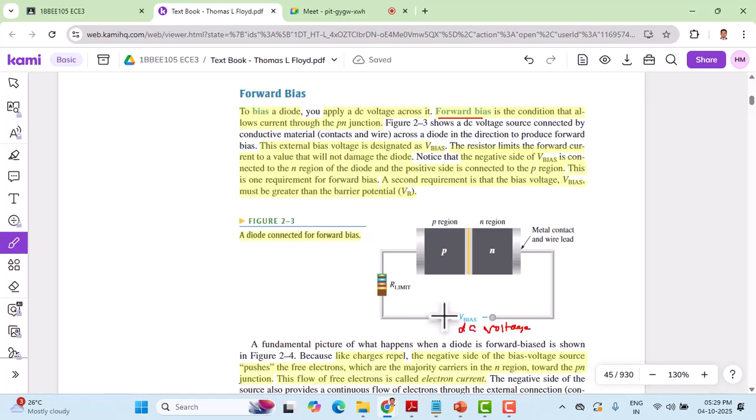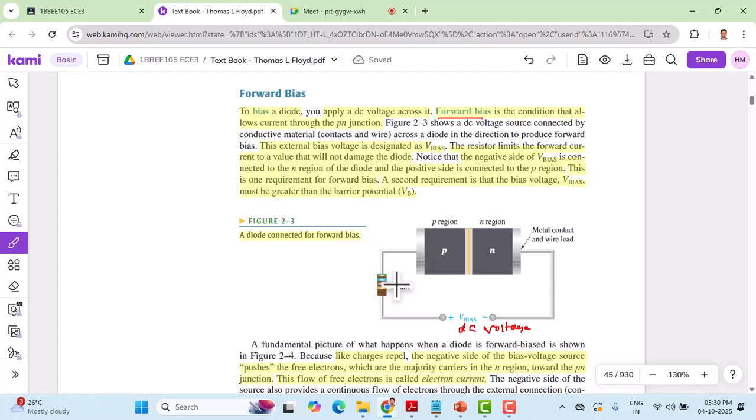It is connected with polarities, positive and negative. The DC voltage is labeled as V bias. Bias here is just a name given to the DC voltage. V stands for voltage and bias stands for the voltage that is applied to the PN junction. And here we have a resistor.